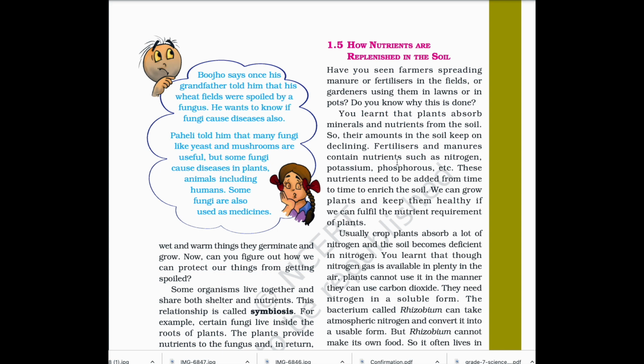Fertilizers and manures contain nutrients such as nitrogen, potassium, phosphorus, etc. These nutrients need to be added from time to time to enrich the soil. We can grow plants and keep them healthy if we can fulfill the nutrient requirement of plants.